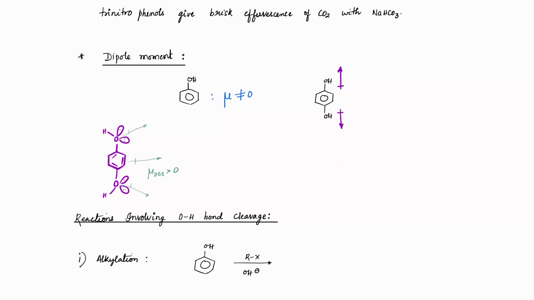Okay. So that's why we say that in rest of all the conformations, only in one conformation this should show zero dipole moment. That is when you have, let me just copy this directly. So let me change this direction.